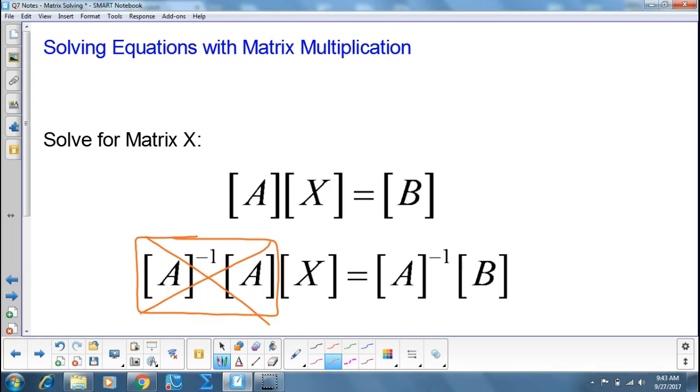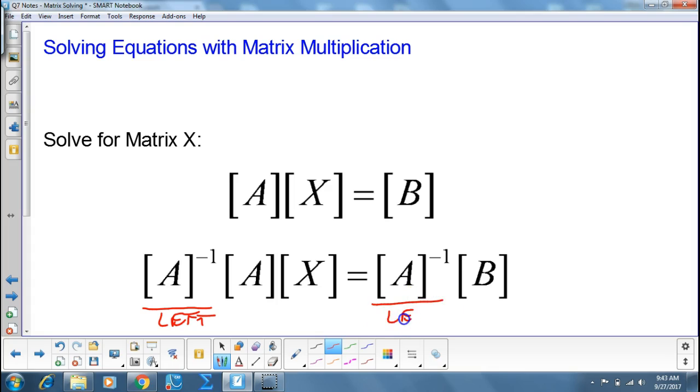Because we multiplied on the left side here of that one, I'm going to have to multiply on the left side over here.